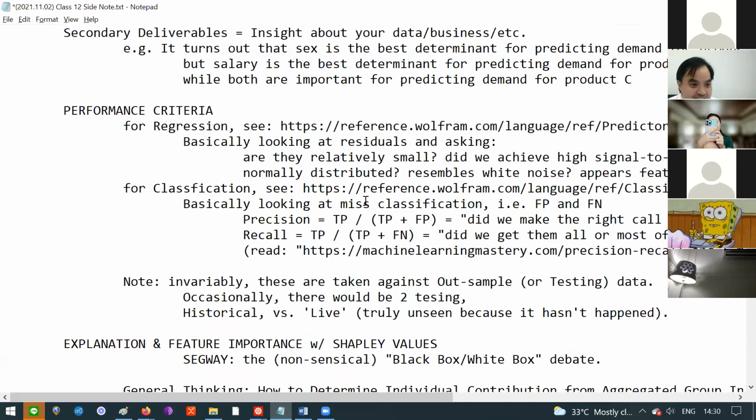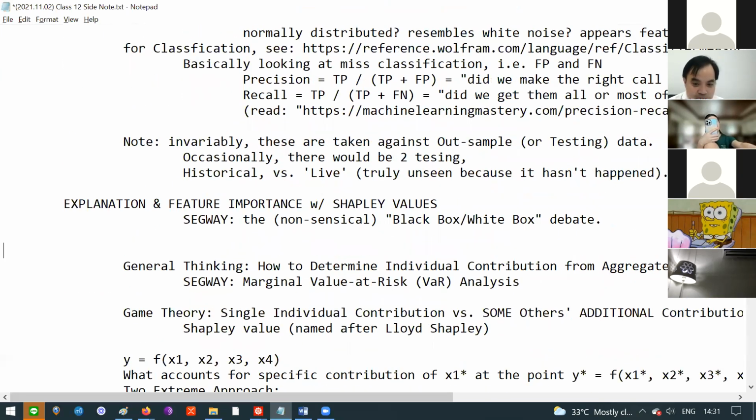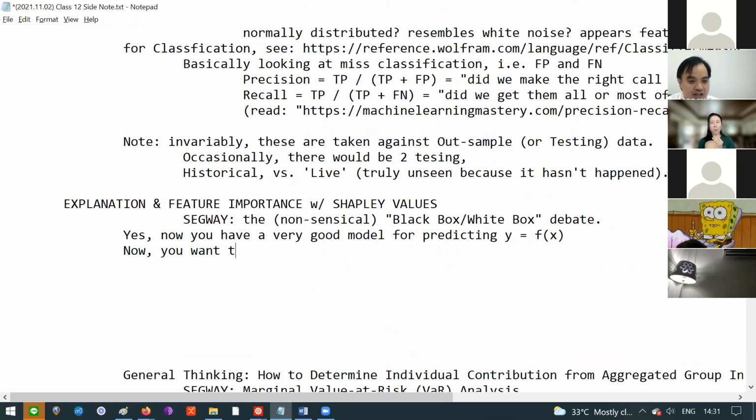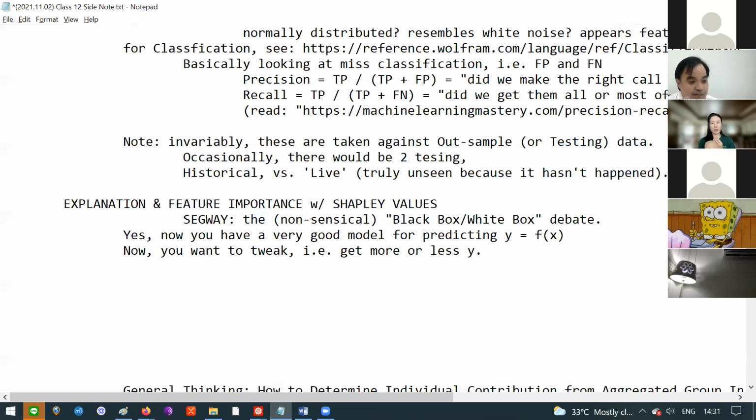So let's think of insight. Now you have a very good model for predicting Y as a function of X. Now you want to tweak, i.e. get more or less Y. Ultimately, if you know everything, basically what you want is X = F inverse of Y. If you do this, by the way, and this is a general concept, this is sort of godlike knowledge, right?